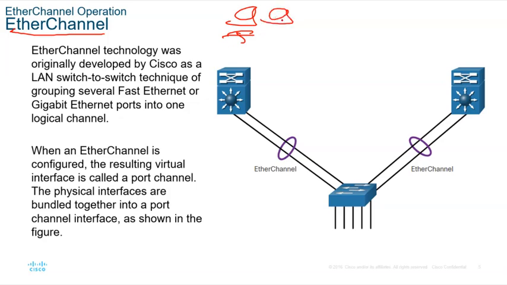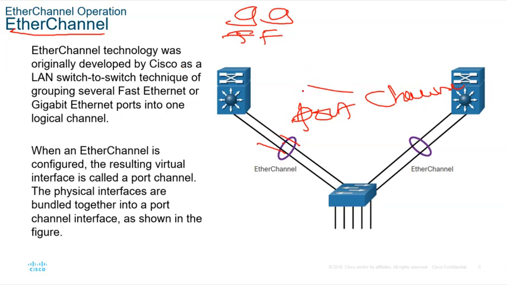It has to be Gigabit with Gigabit and Fast Ethernet with Fast Ethernet, so that you get a logical link. When Etherchannel is configured, the resulting virtual interface is called a port channel. Once the ports are combined, you end up getting what you call a port channel. So the logical link is called a port channel.